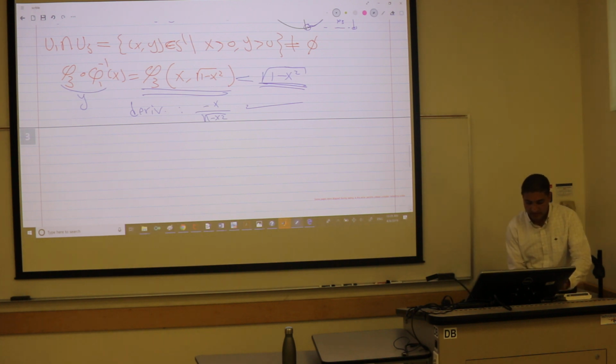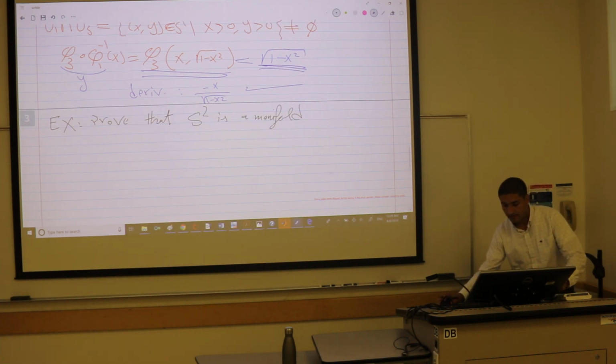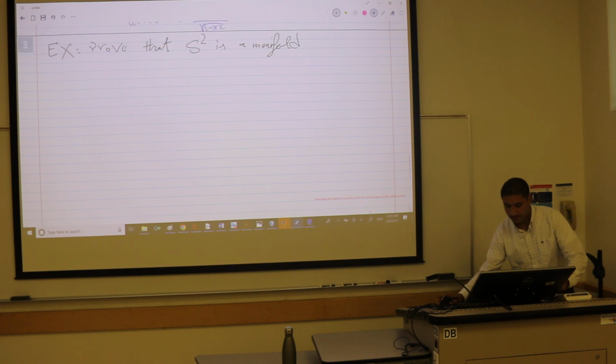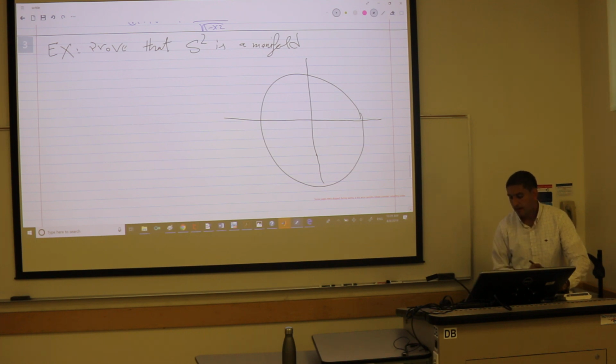So for this, let's take the example of the sphere. So I have proved the S2 sphere is a manifold. So I have the sphere. How can I deal with the sphere?